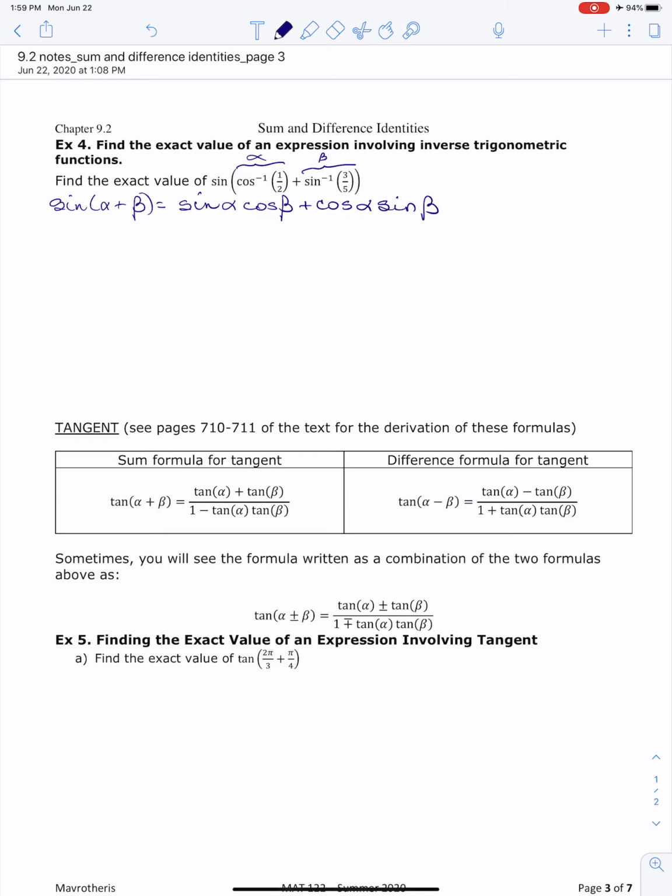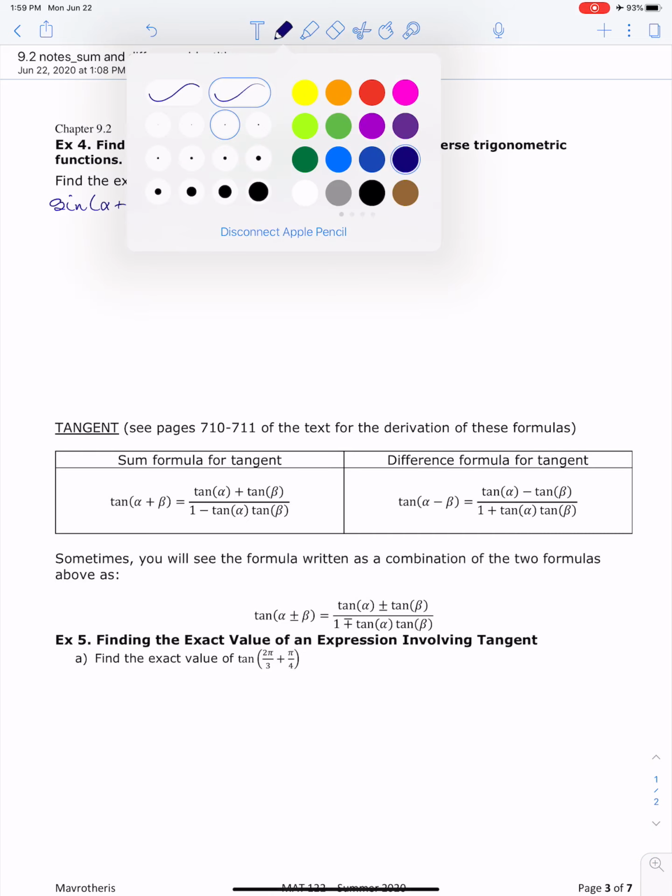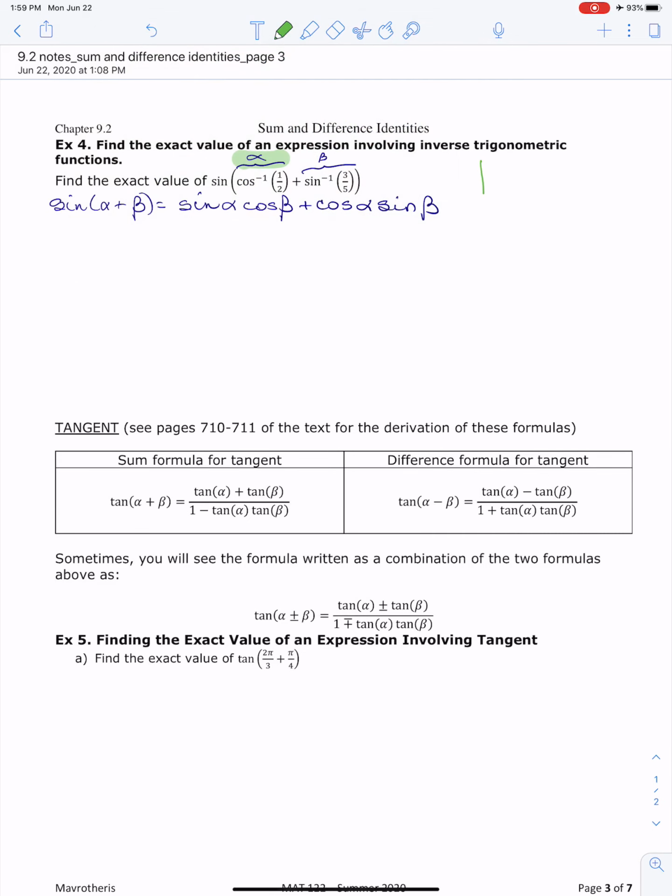So I'm going to start by going back to some of what we did in the last chapter, and that is draw a triangle based on the information that I have. So let's color code. We're going to make alpha green here. And I'm just going to draw my triangle, keeping in mind that orientation does not really matter. I'm going to make this angle right up here my alpha.